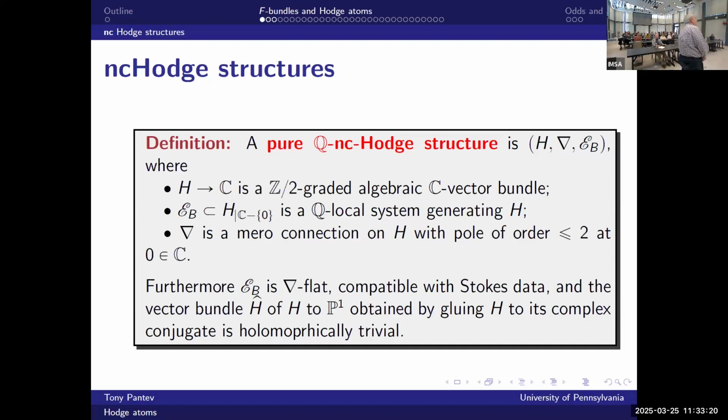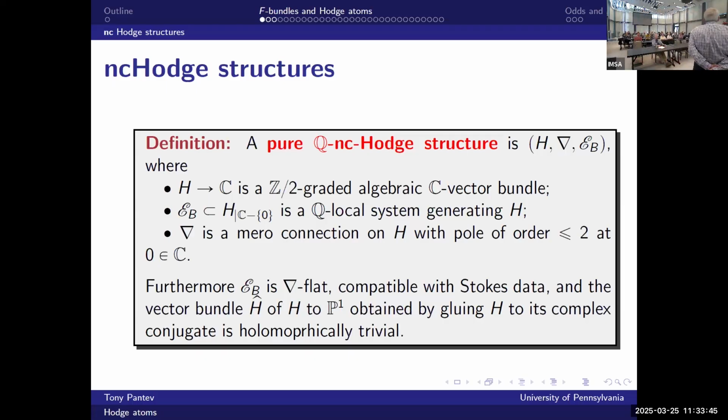The intuition, the heuristics, is that this connection encodes some slightly nonlinear version of the Hodge filtration. And the compatibility with the Q structure is the compatibility of the Hodge filtration with the Q structure.